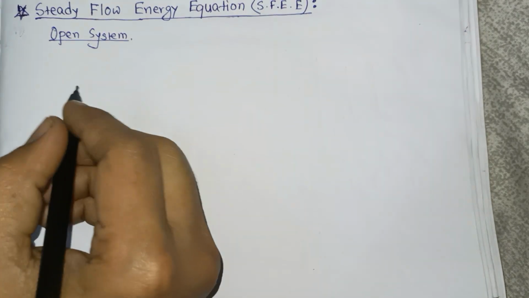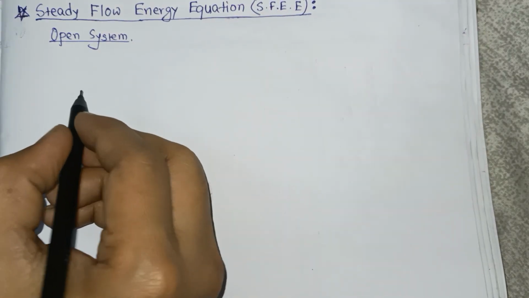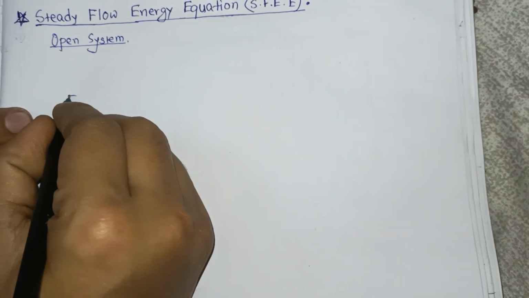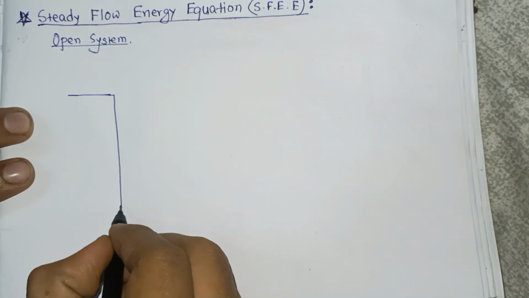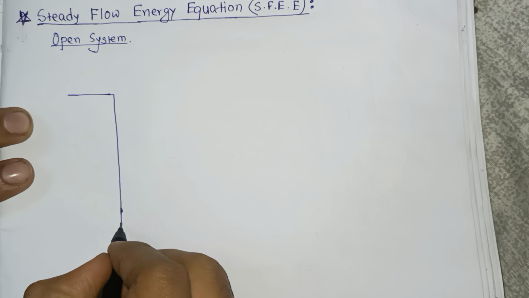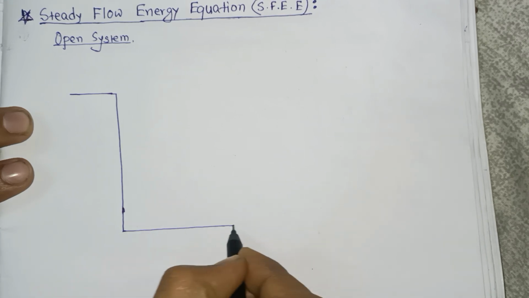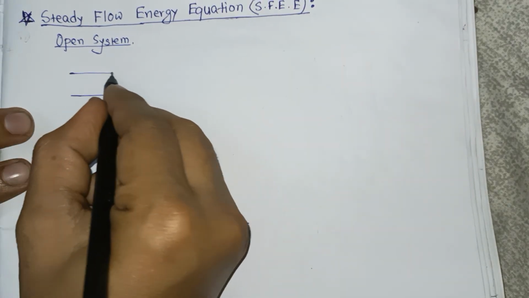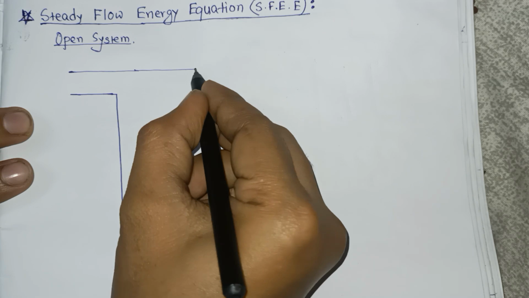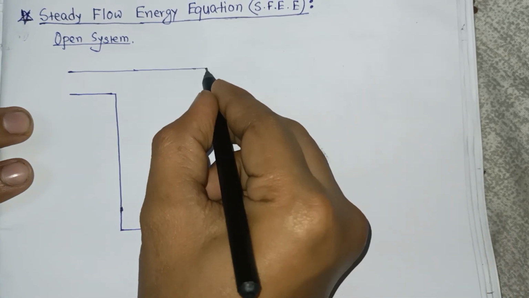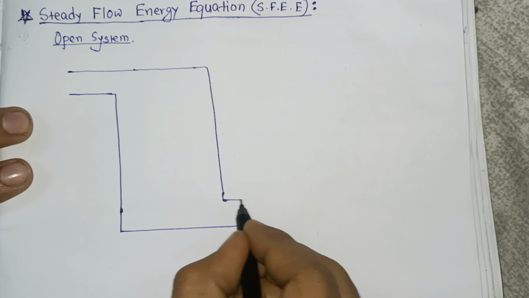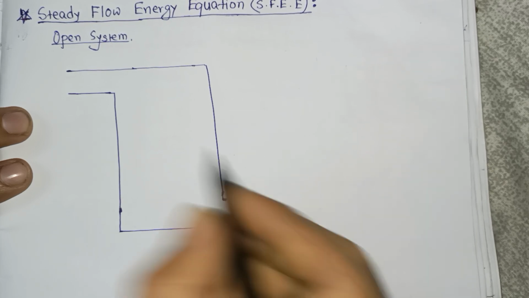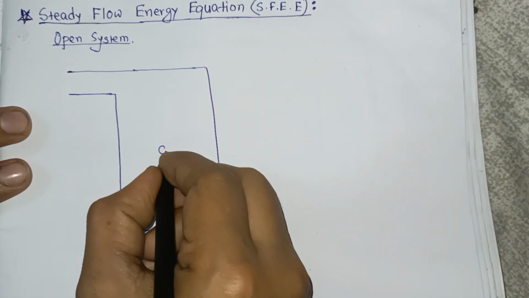Suppose we want to draw the control volume. Suppose this is our system, and this is the control volume.